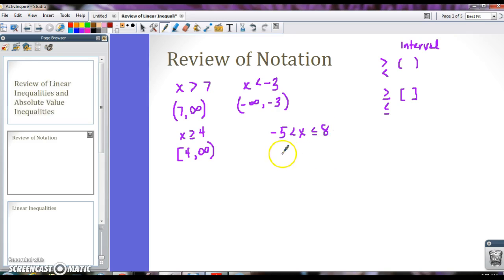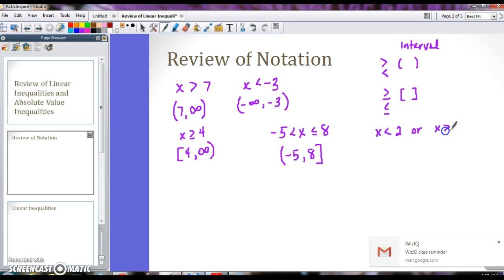Okay, so I would end up then with a parenthesis on one side and the square bracket on the other. So that would be a compound inequality, but then we also have inequalities where we have two separate parts. So for example, x is less than 2, or x is greater than 10.